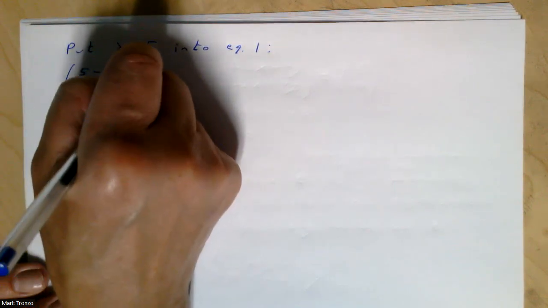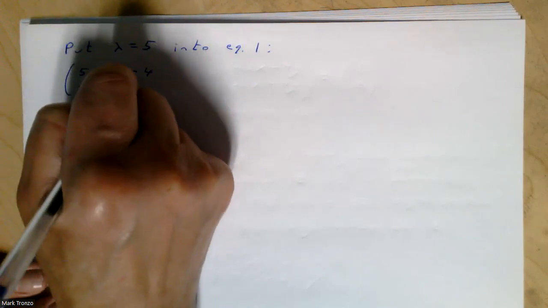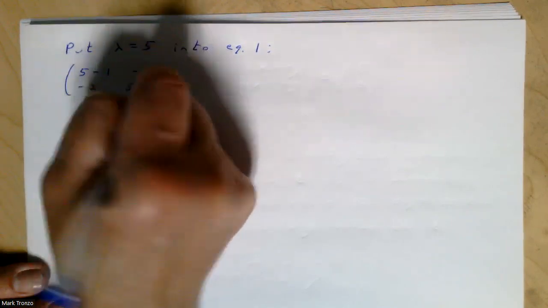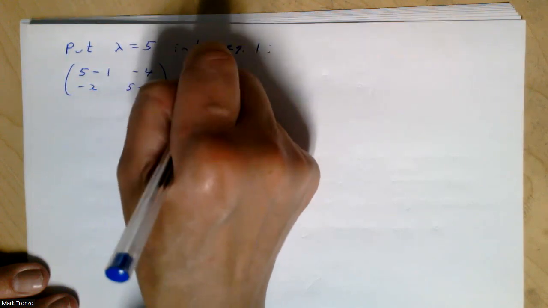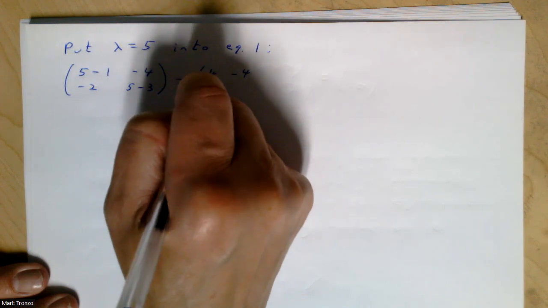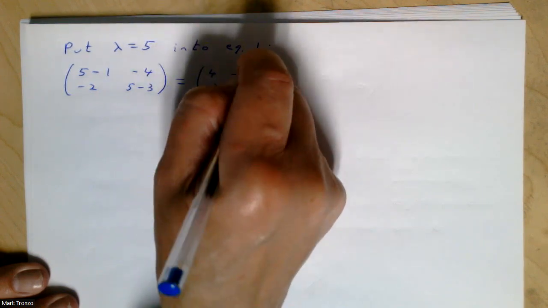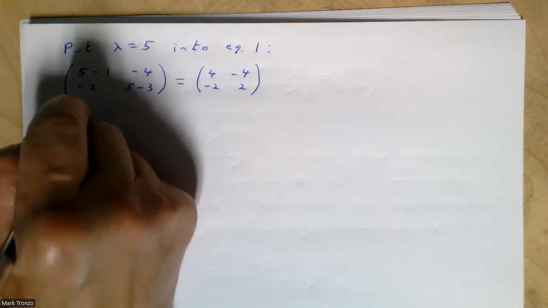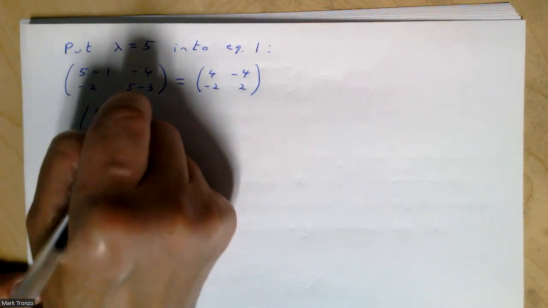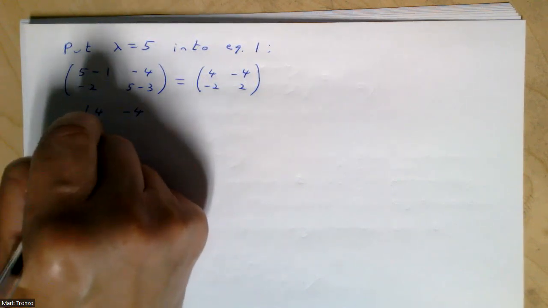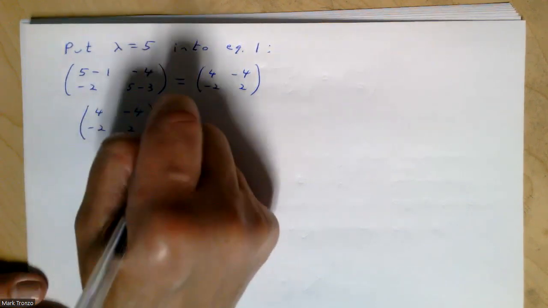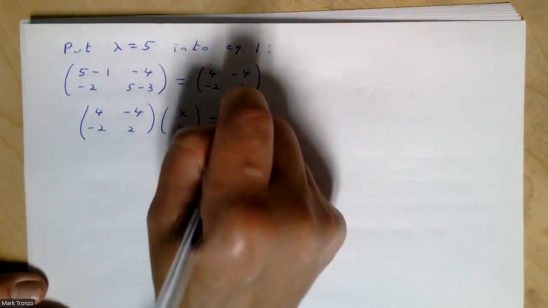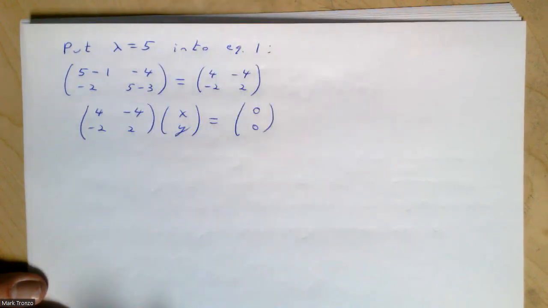And when we do that, we'll have 5 minus 1, minus 4, minus 2, 5 minus 3. That's going to end up giving us 4, minus 4, and minus 2, 2. Once again, just like before, what we do then is multiply this by x y and set that equal to 0, 0.